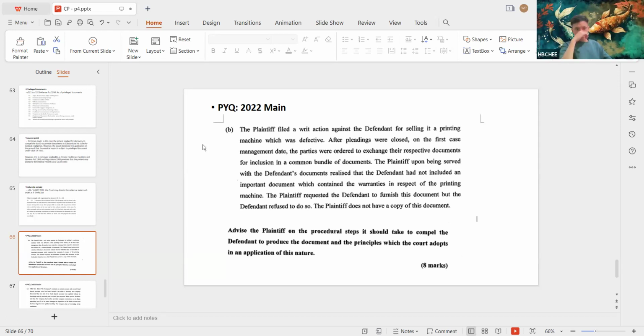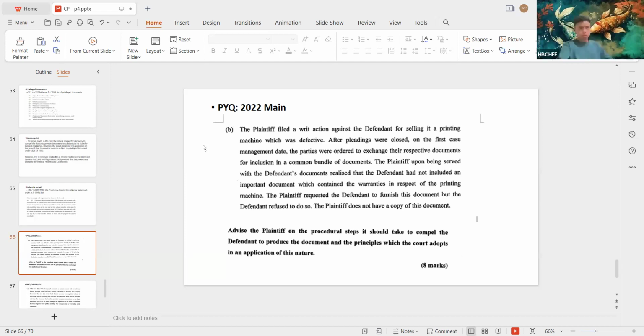Yes, Order 24 rule 7 and rule 3 will be sufficient already. But why don't you add on another one, rule 8? Because within these 3 rules, you are sufficient to score the marks already.